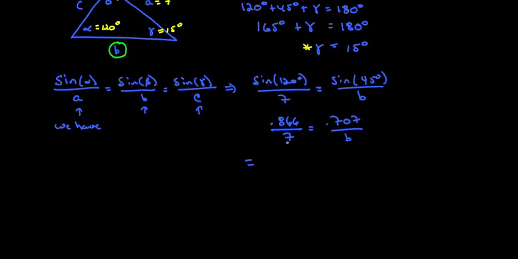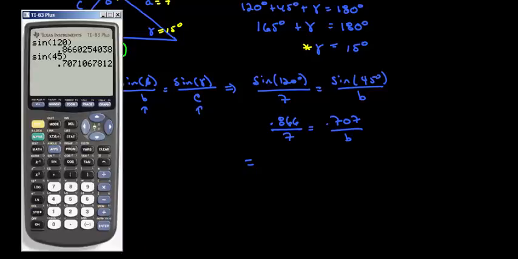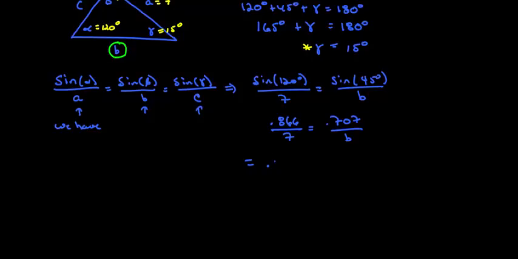We take 0.866 divided by 7, and I get 0.124, which is equal to 0.707 over b.